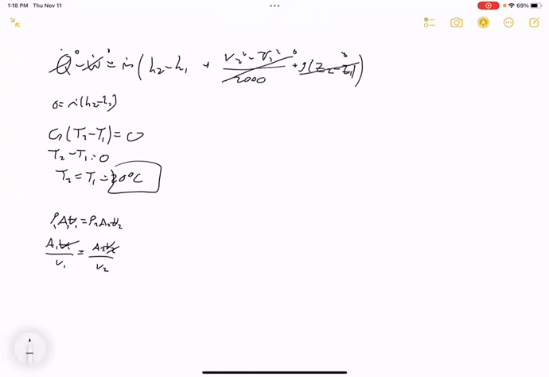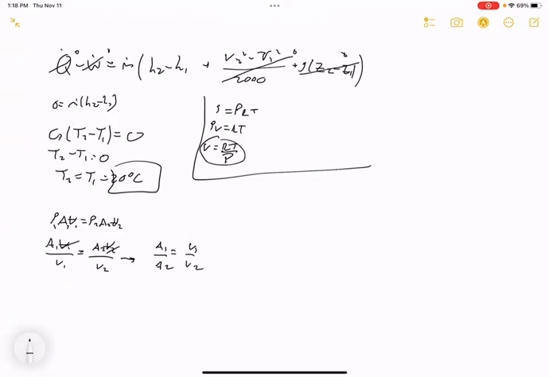And specific volume wise, well, we know for an ideal gas, let's put a little side note here. For an ideal gas, pressure equals rho RT, which means that pressure times specific volume equals RT, which means that specific volume is RT over P. So let's bring the A's to one side and the V's to the other side.